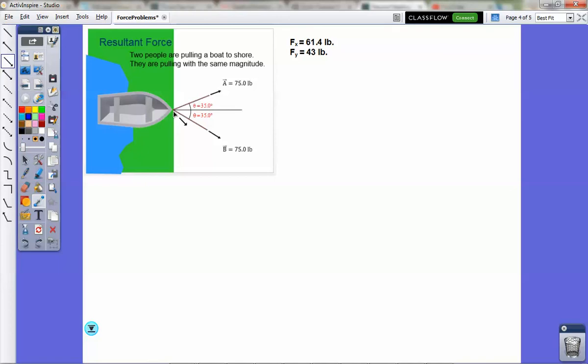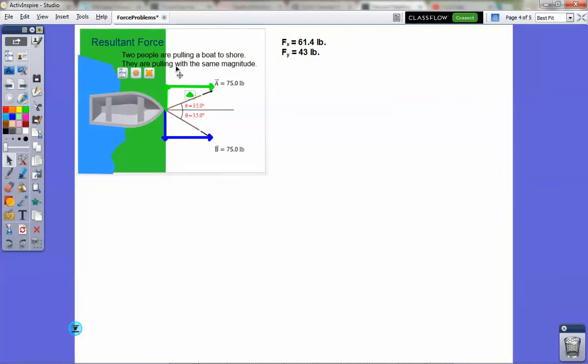This force has a y component that goes this way, and then it also has an x component that goes this way. Whereas this force up here had a y component that went this way and an x component that goes this way. Sorry if it's a little bit off. That's okay. So you see what I did there? Look at the y components. Are they pointing in the same direction?